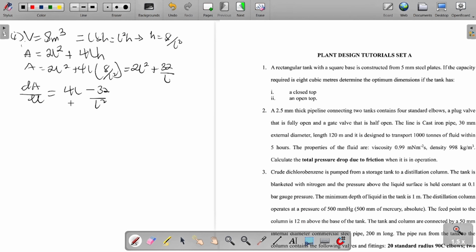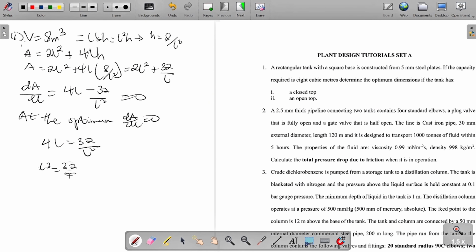At the optimum, the derivative is equal to 0. So I can find the optimum length. 4L will be equal to 32 divided by L squared, where I have L cubed equal to 32 divided by 4, which is 8. So L becomes the cubic root of 8, which is 2 meters.